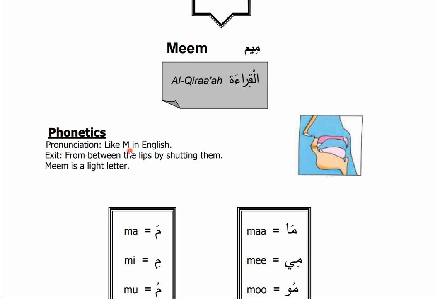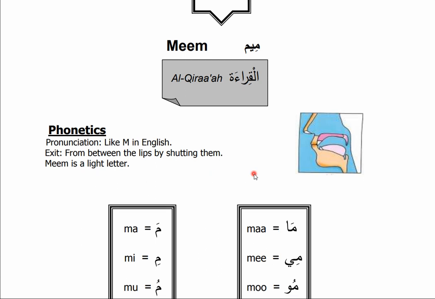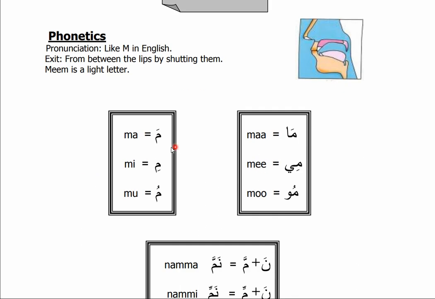and even for the letter Fa. So first let's do the letter Mim, and this is pronounced by the lips by shutting them. You need to close your lips tightly and then pronounce Mim. It is a light letter. Now you can see Ma with fatha, Mi with kasra, or Mu with dhamma.